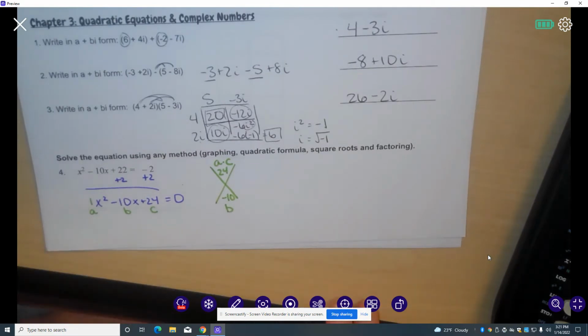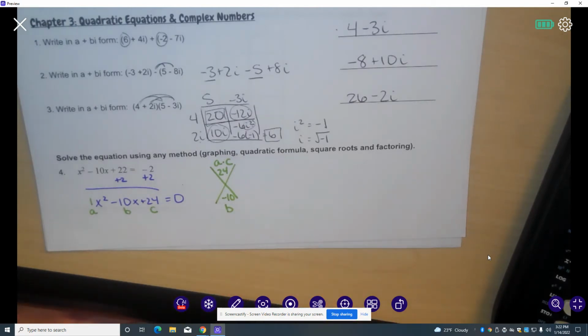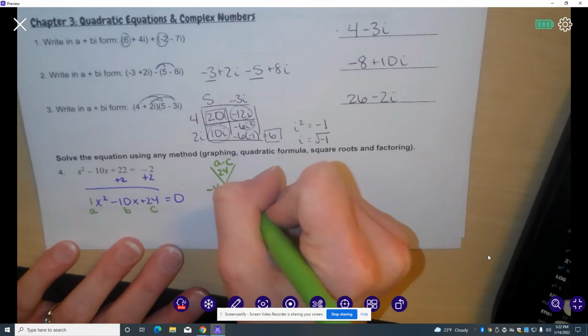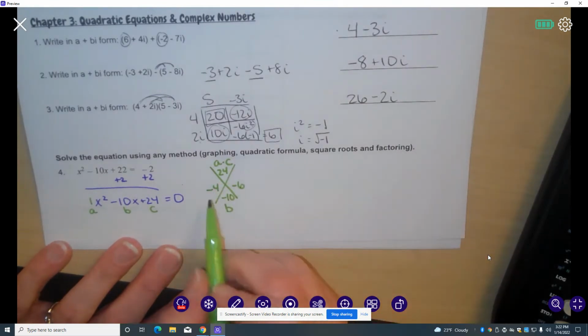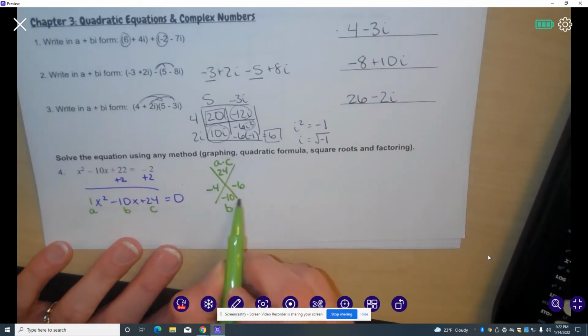So we're asking ourselves what 2 numbers will multiply to get 24 and add to get negative 10. And there's only 2 that will do that, and that's negative 4 and negative 6. Negative 4 times negative 6 is positive 24, and negative 4 minus 6 is negative 10.